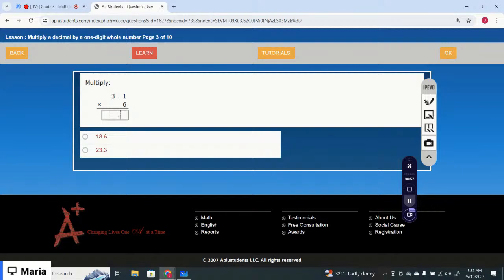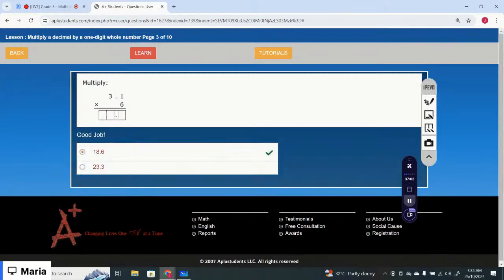The correct option is option number 1, 18.6.